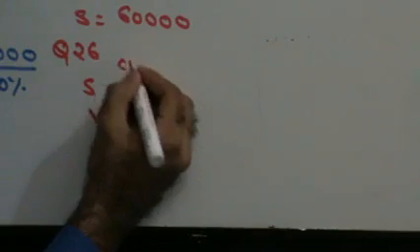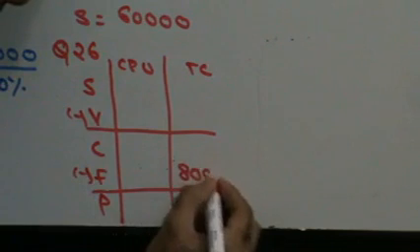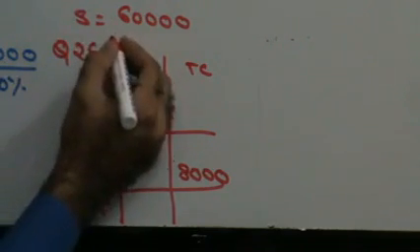SVCFP. CPU TC. Let's see this. They said that fixed cost is 8,000. Break-even units is 4,000. Sales is 6,000 units.